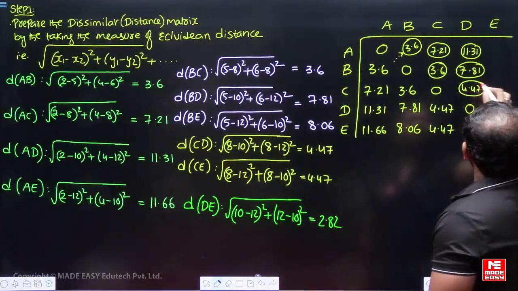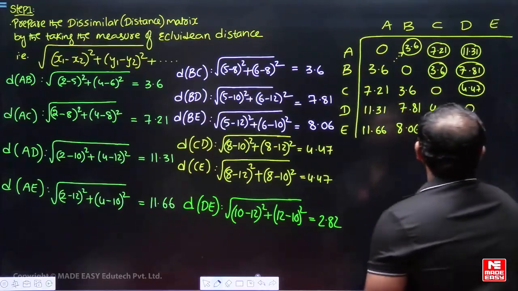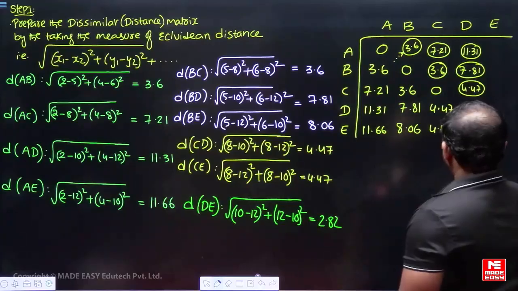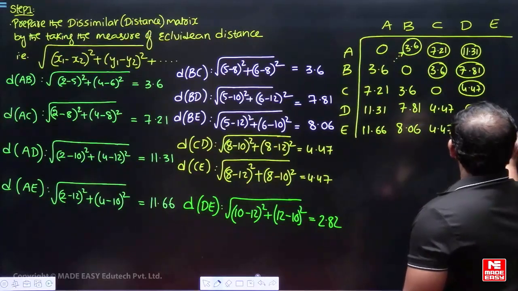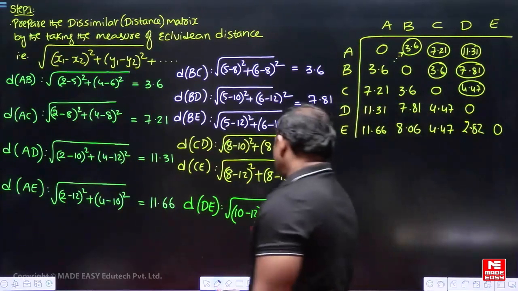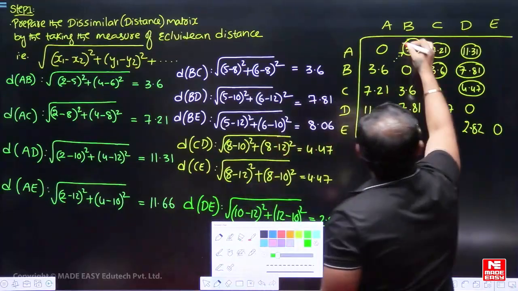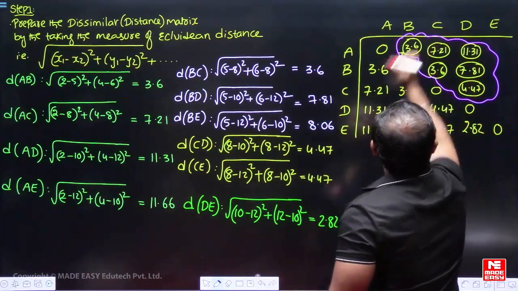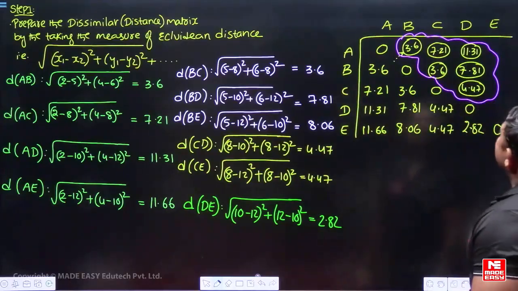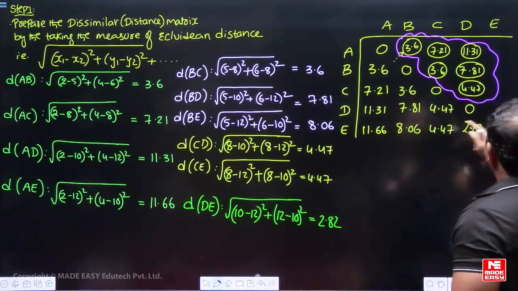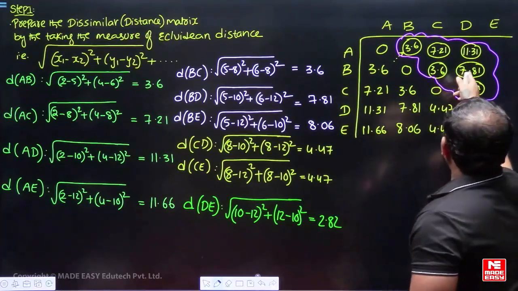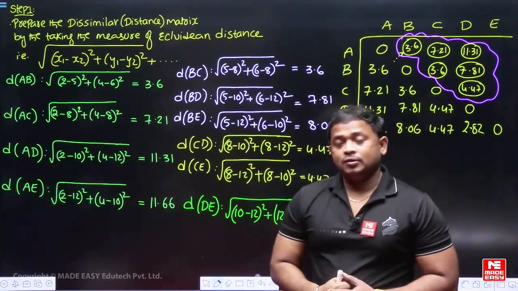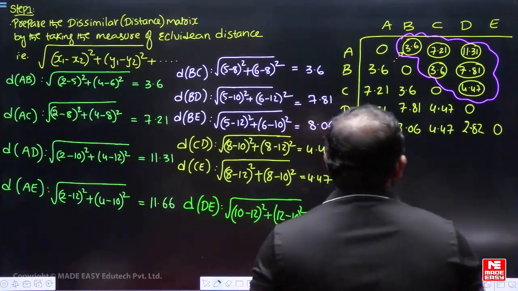So you take 2.82 and the remaining is 0. These distances are common values. So the diagonal value is 0, and the lower triangle values and upper triangle values will be the same. So this is the dissimilarity matrix.